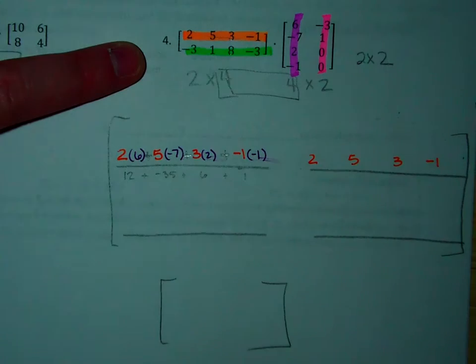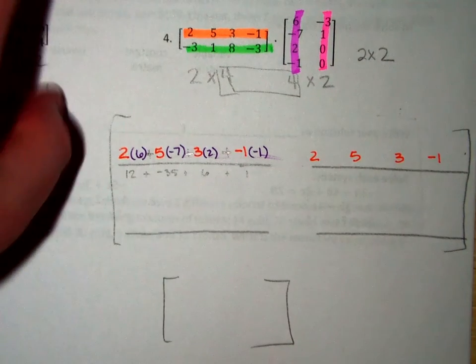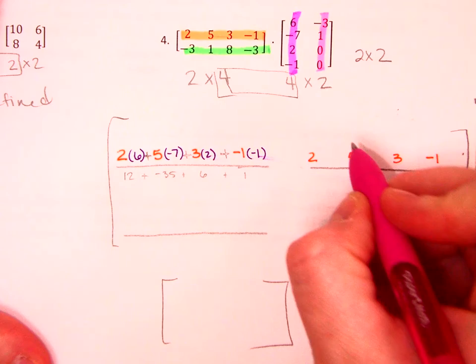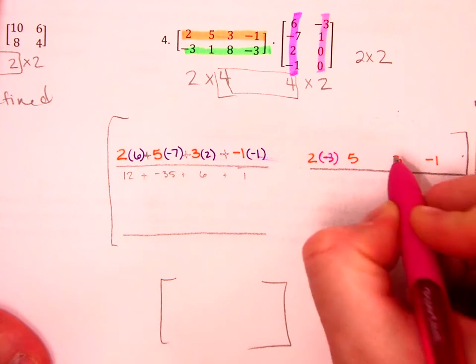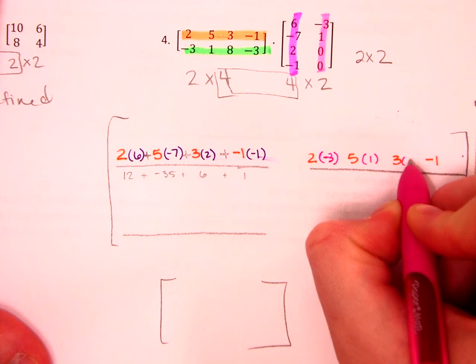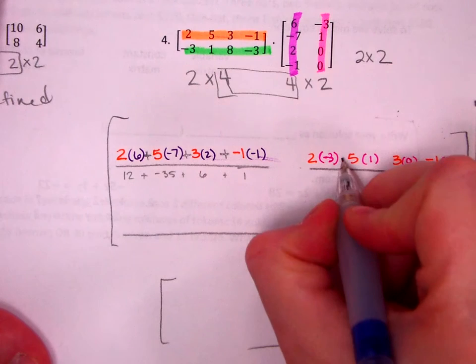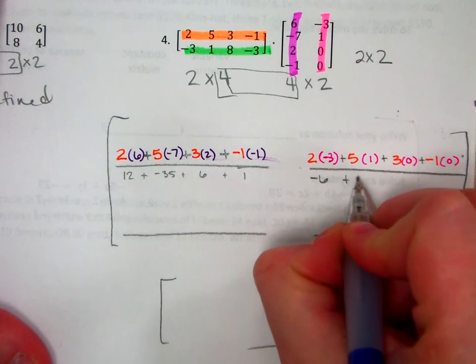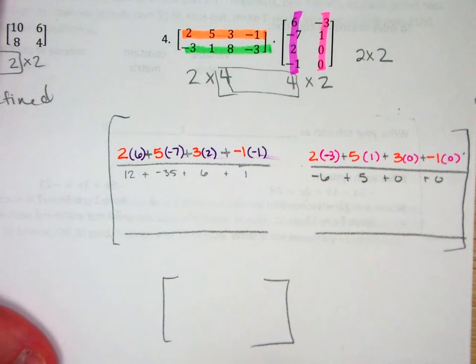And now I'm going to take it times column 2, because I'm now in column 2. So times negative 3, 1, 0, 0. I'm going to add these together. So negative 6 plus 5 plus 0 plus 0.